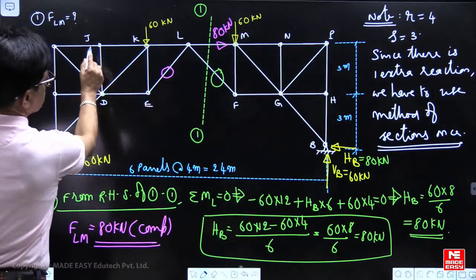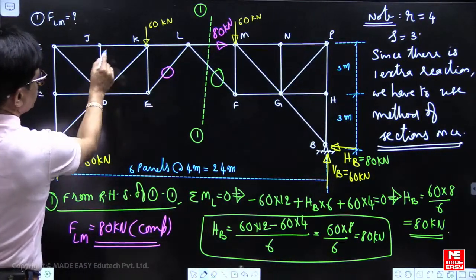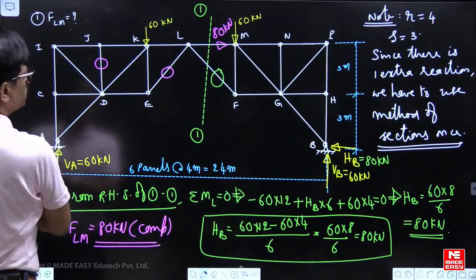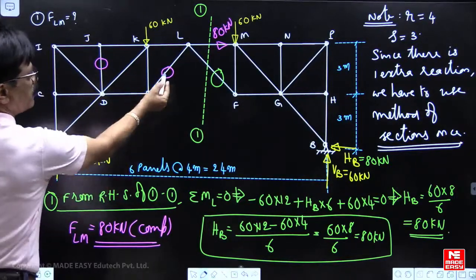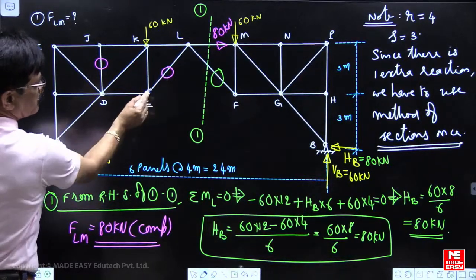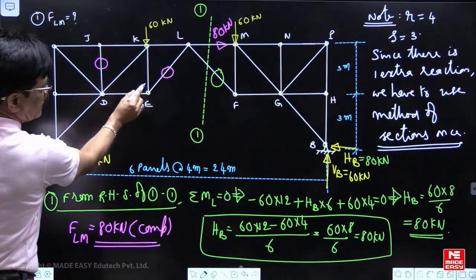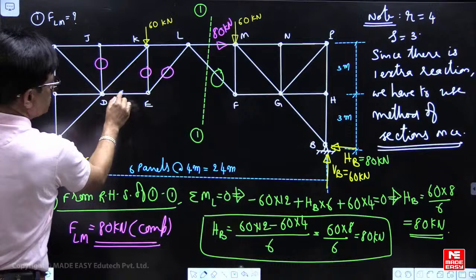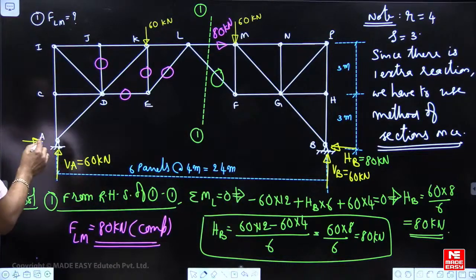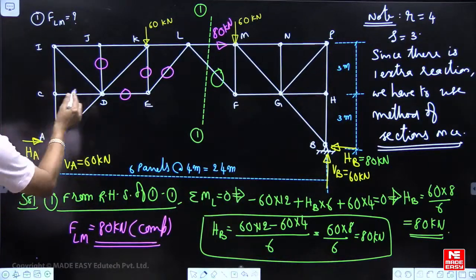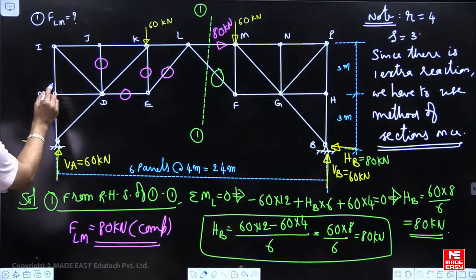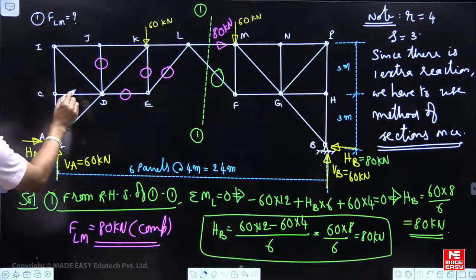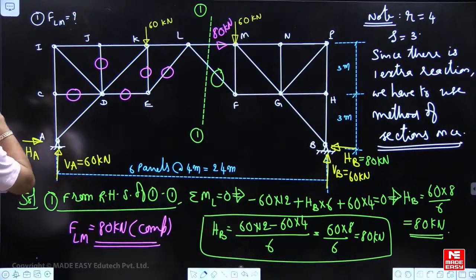Now see this one, 1, 2, 3, 2 are in line, third must be 0. Now once this is 0, see this joint E, 2 non-collinear members, no external load, that means these two also 0, right?